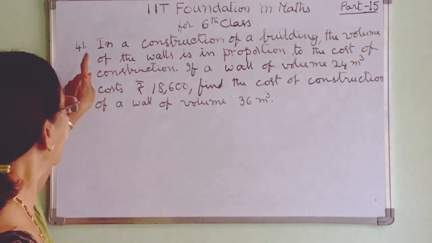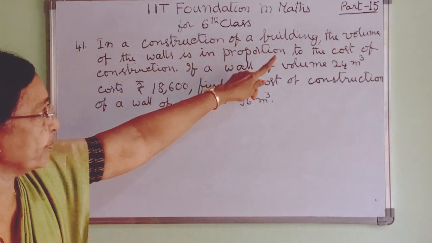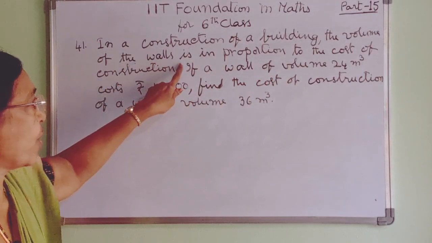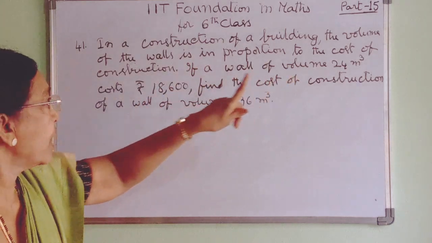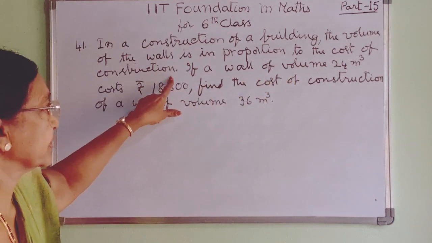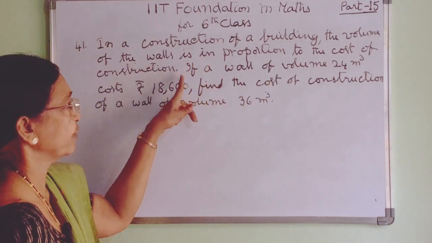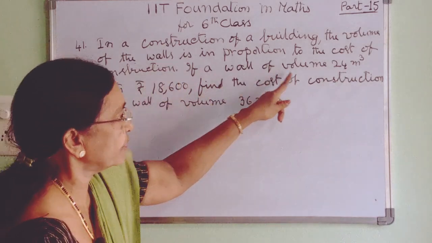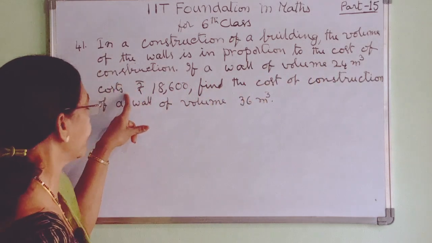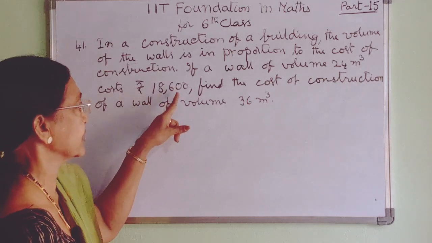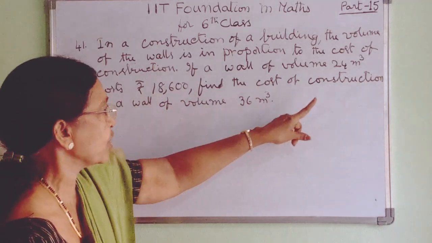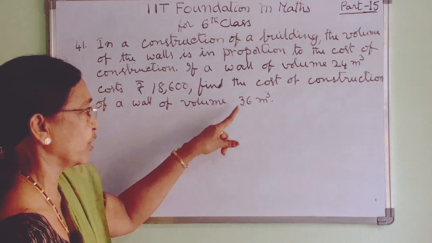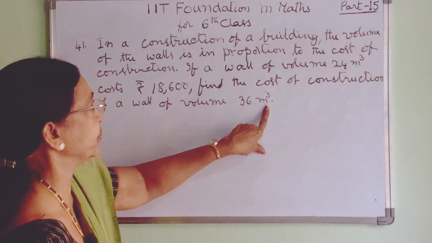Next problem. In the construction of a building, the volume of the walls is in proportion to the cost of construction. If a wall of volume 24 meter cube costs 18,600 rupees, find the cost of construction of a wall of volume 36 meter cube.